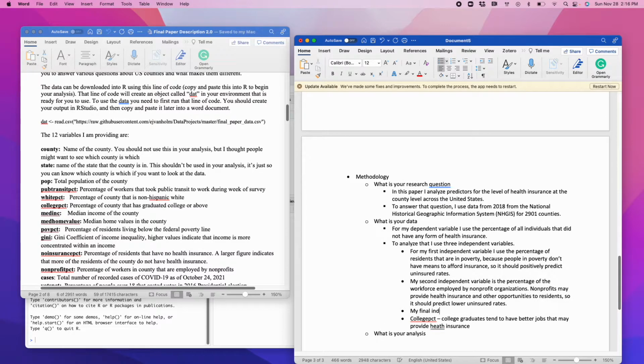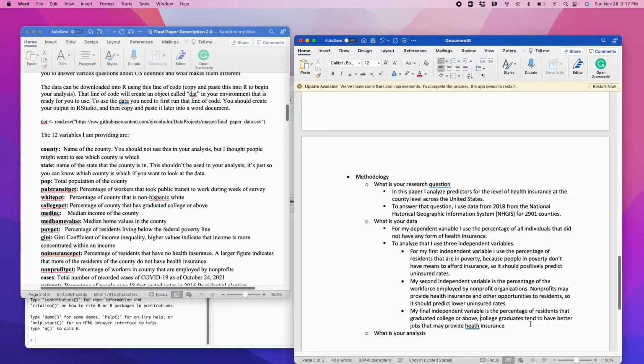My final independent variable is the percentage of residents that graduated college or above. College graduates tend to have better jobs that may provide health insurance.